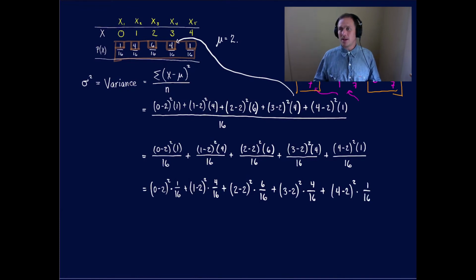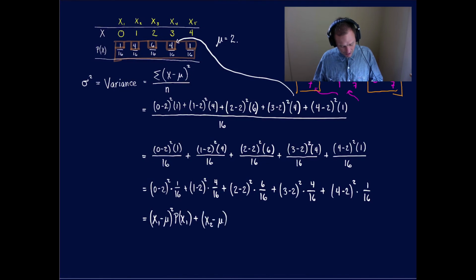Wow, well, wait a minute. Look at what we just did. Really, this is the problem now of 0, that was x1. So this is x1 minus the mean squared times the probability of x1. Plus, this is going to be 1, well, 1 is x2 minus the mean squared times the probability of x2. That's what this 4/16 is.